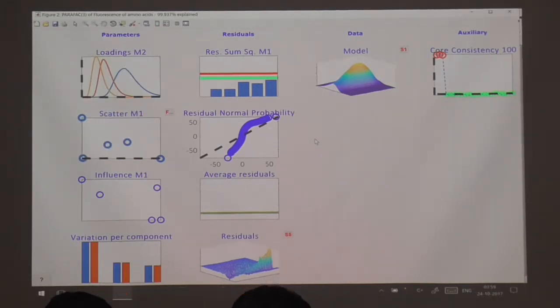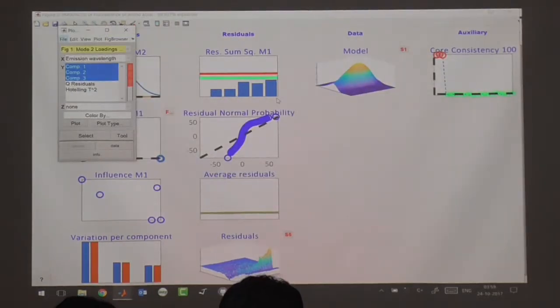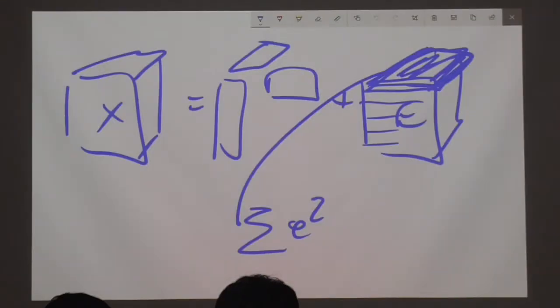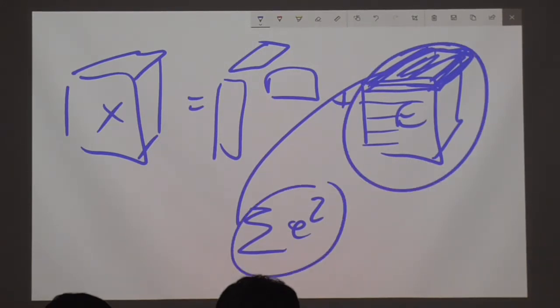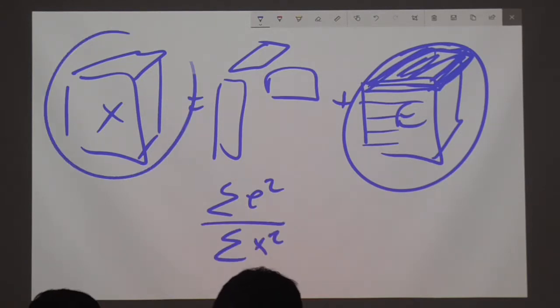Now, just one thing I want to show you here is that we can also take all of these, all the residuals, and we calculate the residual variance. We take all the residuals and square them, add them together. If I do that, let me make that a little smaller, and I divide by the sum of squares of this, that tells me the fraction of unexplained variation.